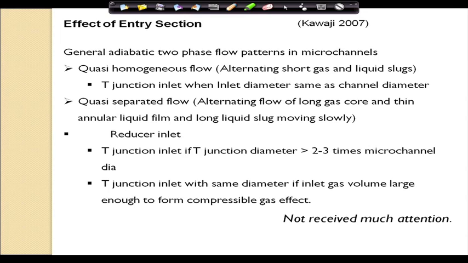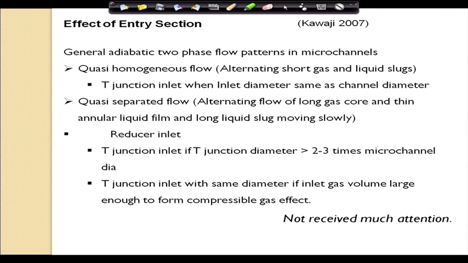Therefore, there is a greater tendency of the gas slugs to come closer to one another and to coalesce to form long gas cores somewhat similar to the annular flow pattern, and therefore, it marks the transition between the slug and the annular flow pattern, and this explains why a reducer inlet gives rise to the quasi separated flow. On the other hand, a T junction might also give rise to a quasi separated flow, provided the T junction inlet is about 2 to 3 times greater as compared to the microchannel diameter.